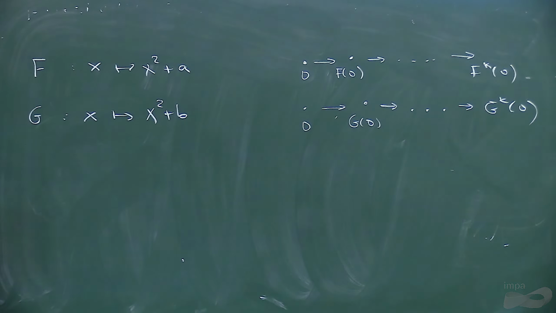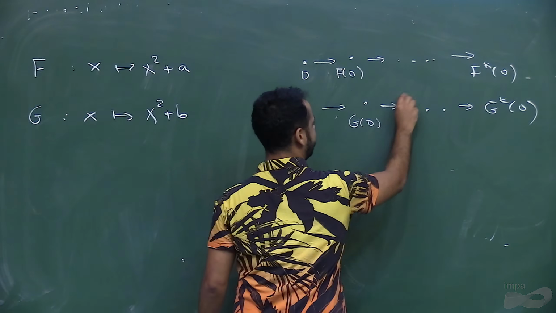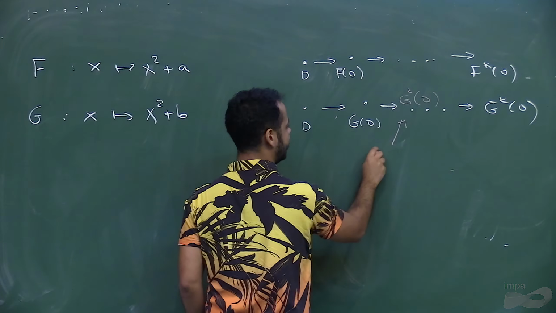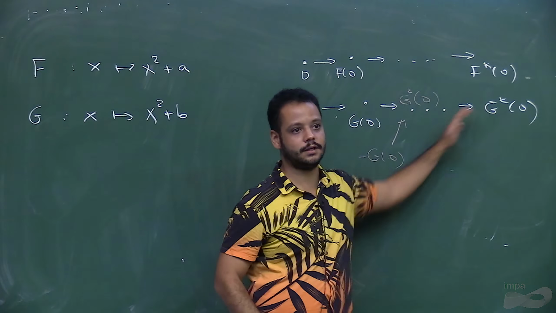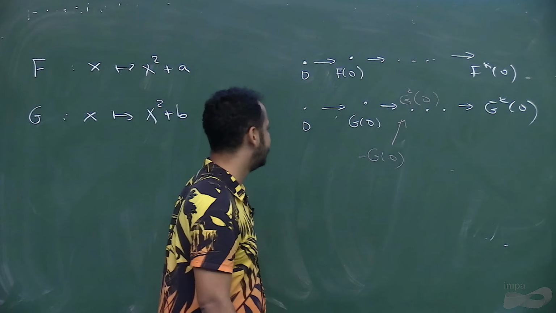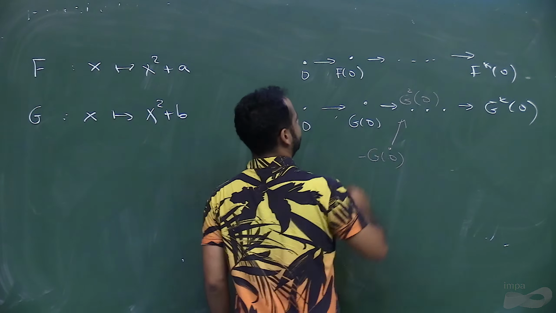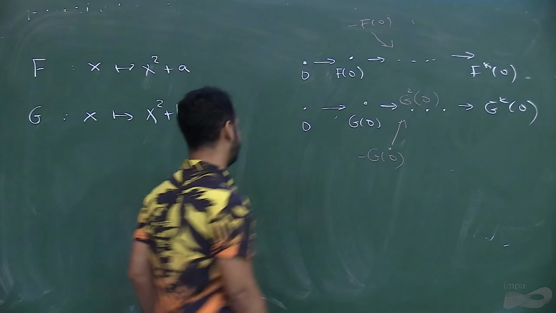And so basically these two, I'll have here G squared 0, and I also have here minus G0, right? So for each element here we have the minus, the element will be a vertex towards this vertex. And here, so I have minus F0, etc., right?